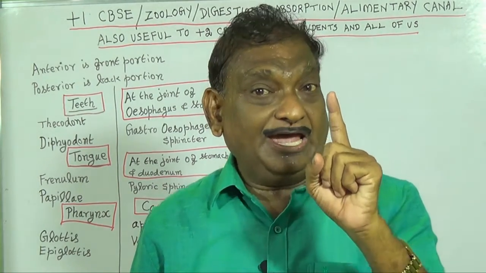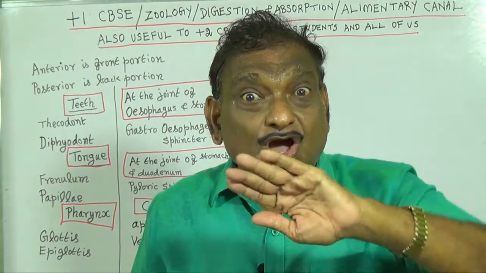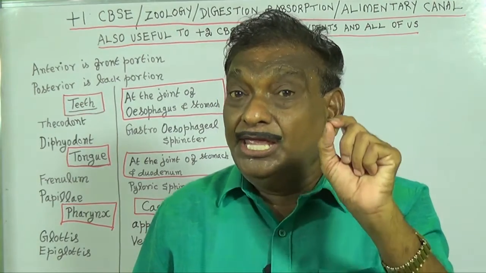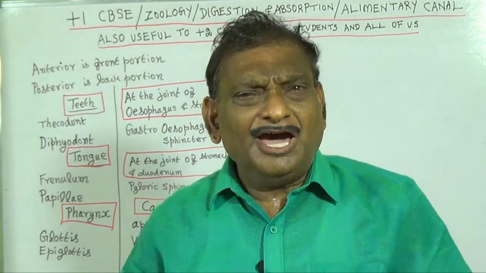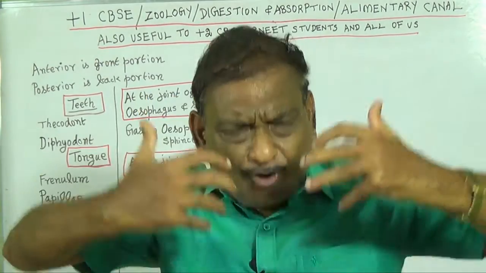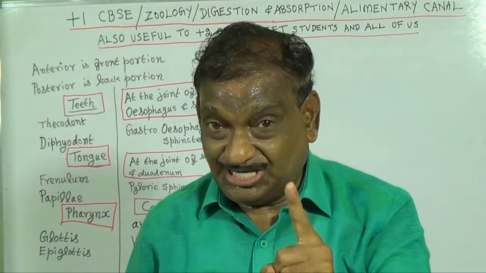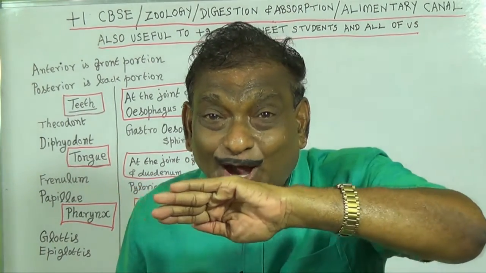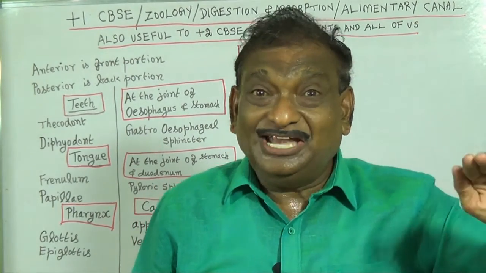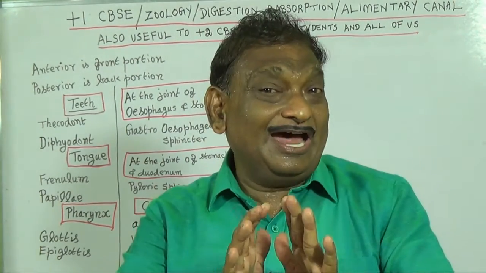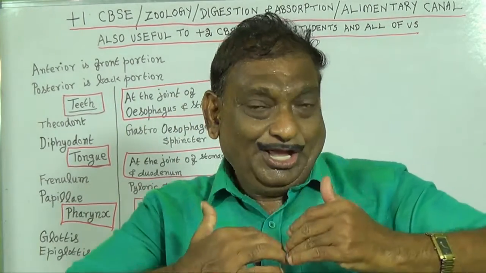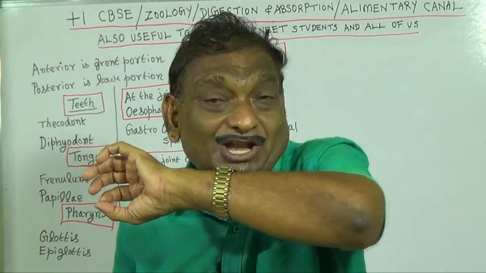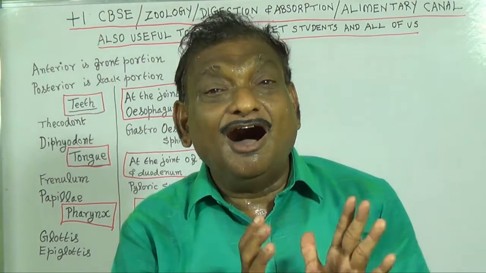That opening of the glottis is guarded by a cartilaginous flap called epiglottis. Whenever we swallow a piece of food, this epiglottis, that is this cartilaginous flap, closes the opening of the windpipe, that is glottis, so that while swallowing the food will enter only into the esophagus. It will not enter into the trachea.